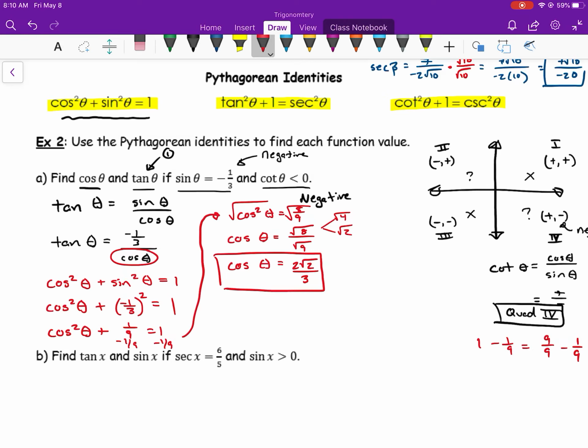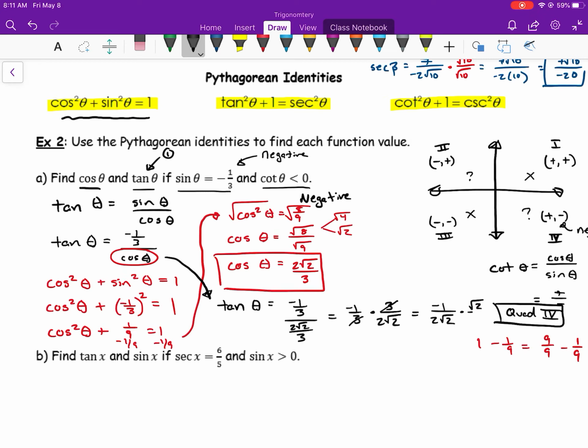Now we just need to go back and plug in to find tangent. Tangent of theta is equal to negative 1/3 divided by 2 square root of 2 over 3, which becomes negative 1/3 times the reciprocal, 3 over 2 square root of 2. The 3's cancel out, and we get negative 1 over 2 square root of 2.